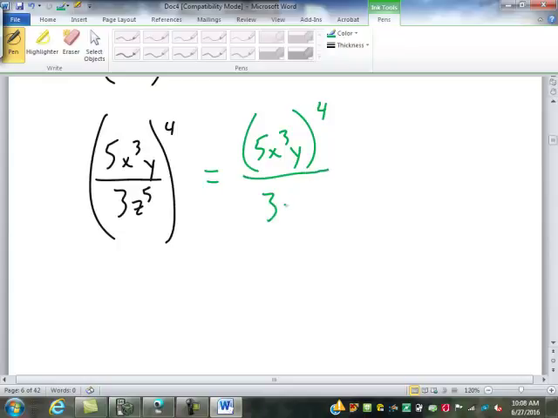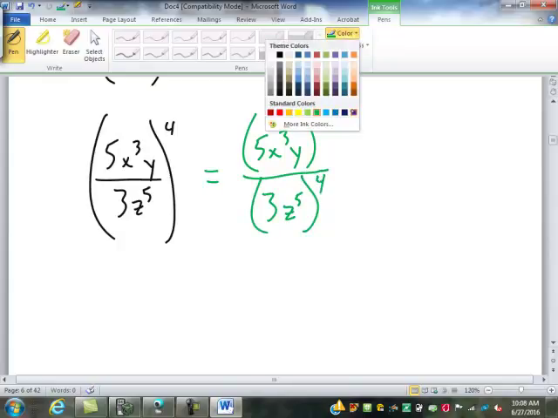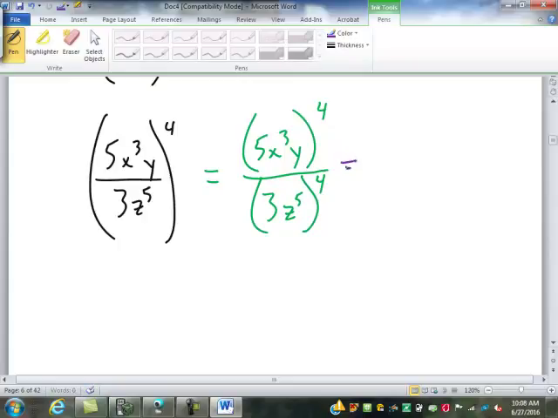And on the denominator, so 3z to the fifth will also be to the power of 4. So this is going to be just like what we just did. 5 to the power of 4 is 5 times 5 times 5 times 5, otherwise known as 625.